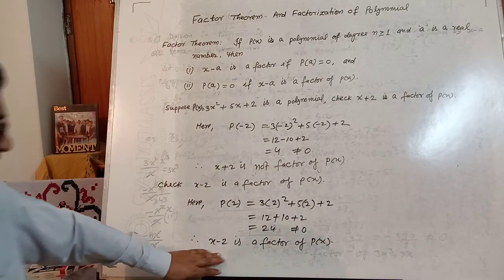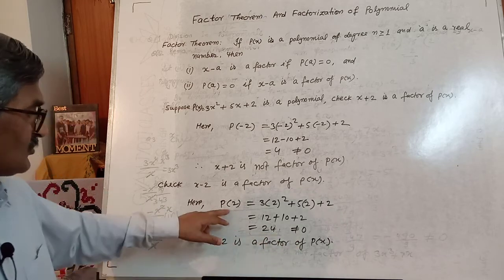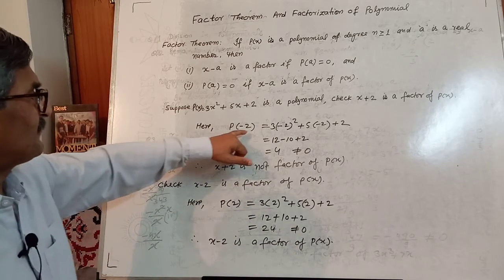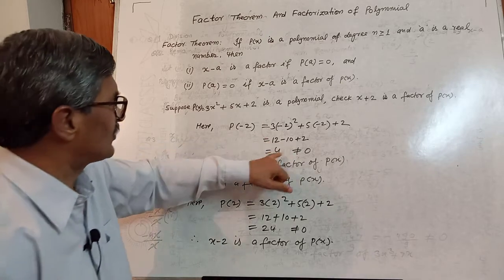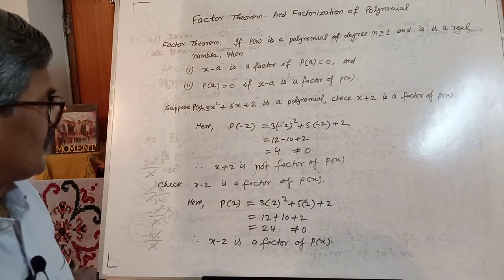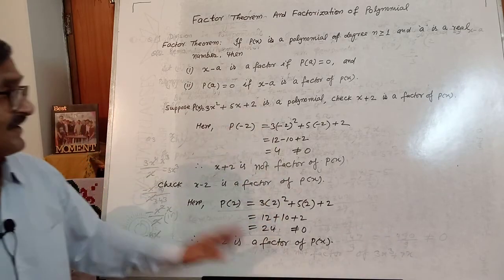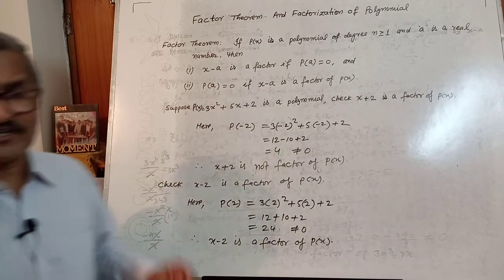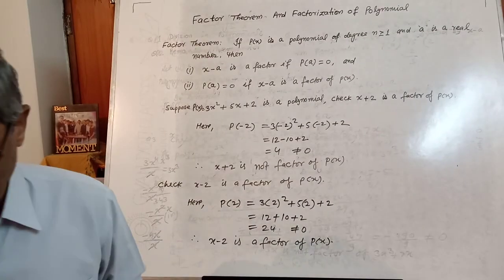We are not getting a factor because p(2) is not equal to 0 and p(-2) also is not equal to 0. So we are not getting a factor here. Other examples we will see, whether we are getting some factors. Note down this.